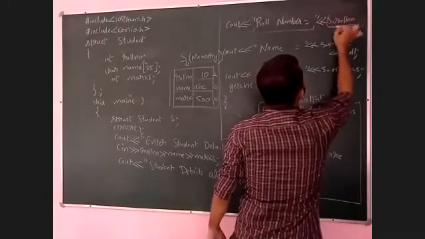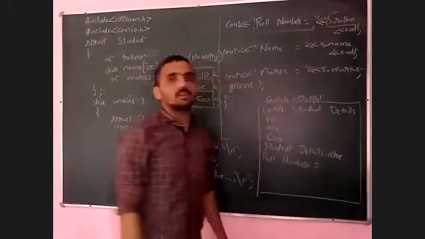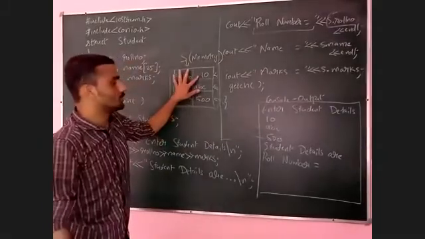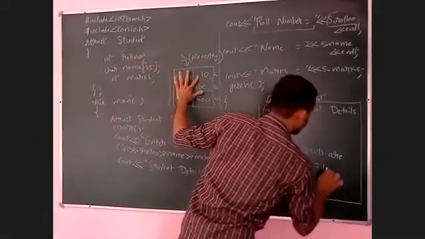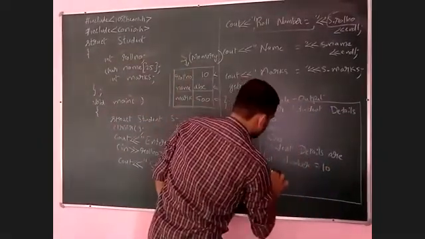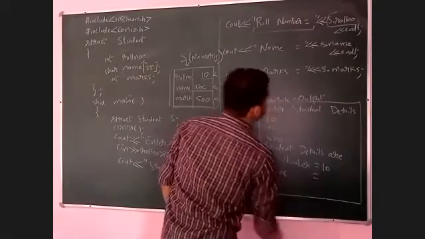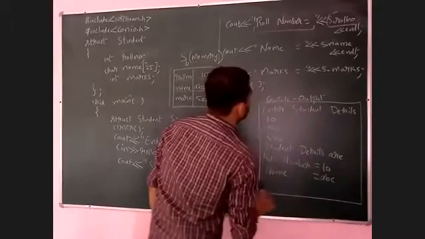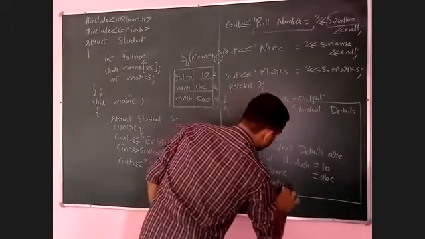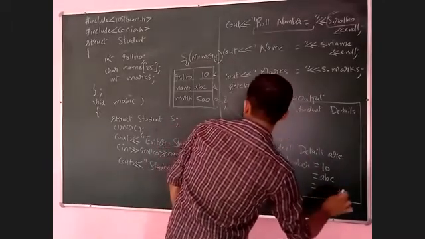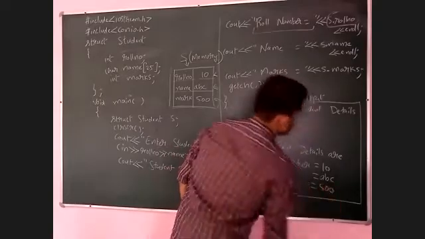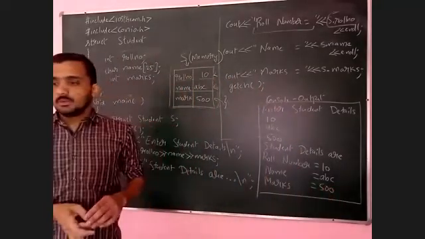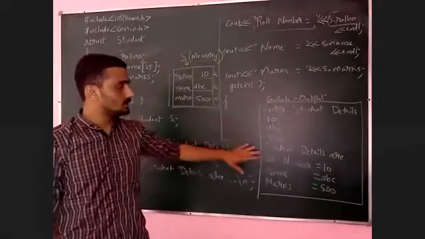In this place, it will replace this by the value. So what is the value? Whatever is stored in the computer memory, that is 10. Then name equals to, it will print ABC. Then marks equals to 500. So in this way, it is displayed.